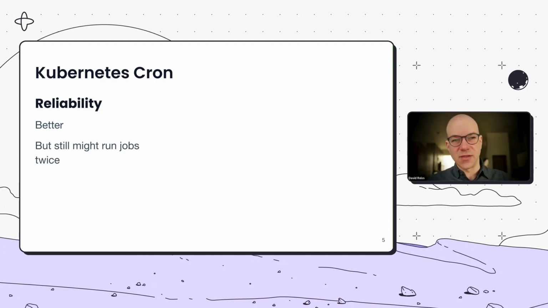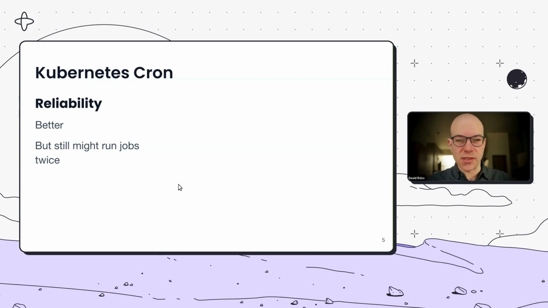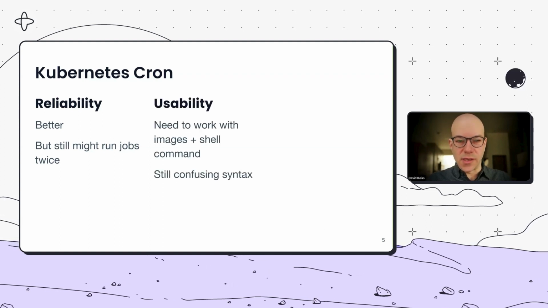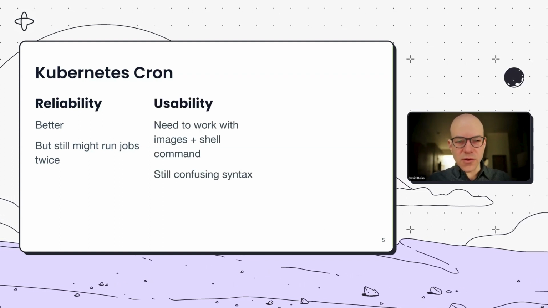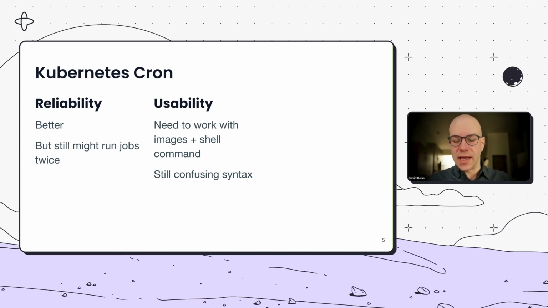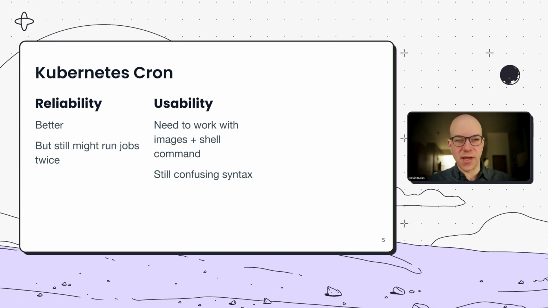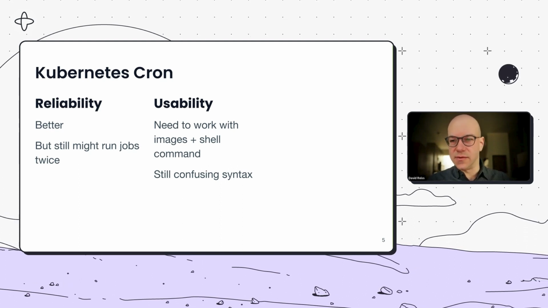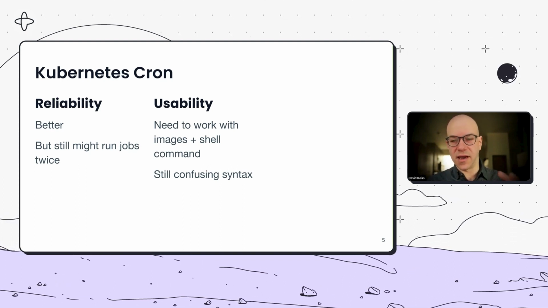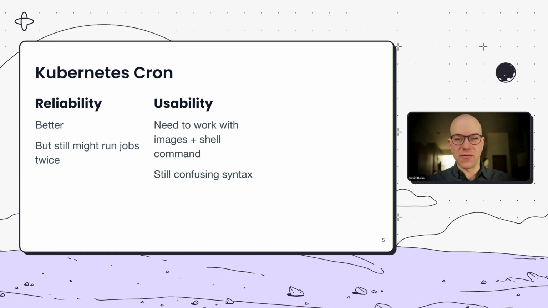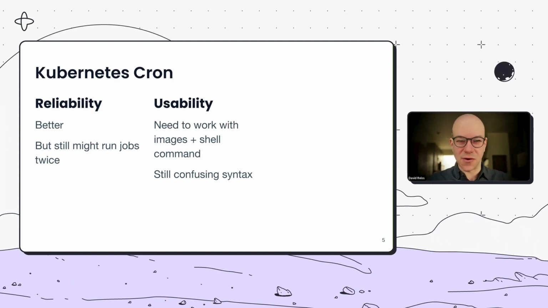There are some caveats with how Kubernetes cron schedules things. Usability, well, you're still specifying a job as a container image and then maybe a shell command to run, which is not the kind of high-level abstraction that I want. And of course, it's still using that same confusing crontab syntax.